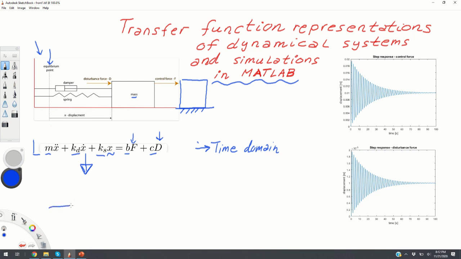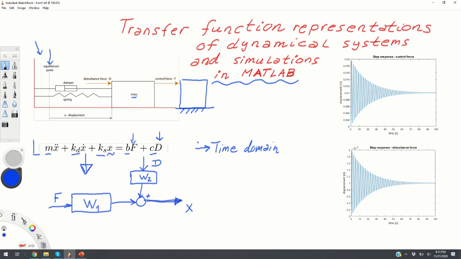We will have the control input force, or the control force F. Then we are going to have a transfer function from the control force to the displacement x, and at the same time we're going to have another transfer function that models the effect that the disturbance force D has on the output x.